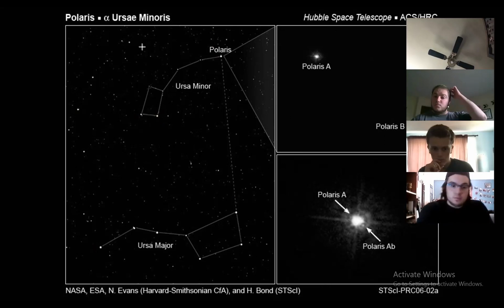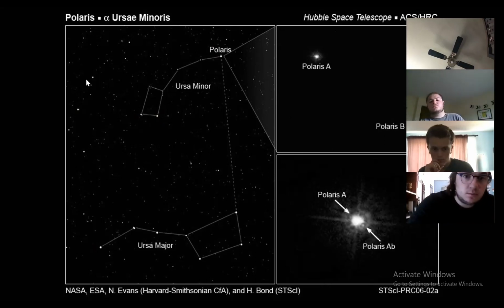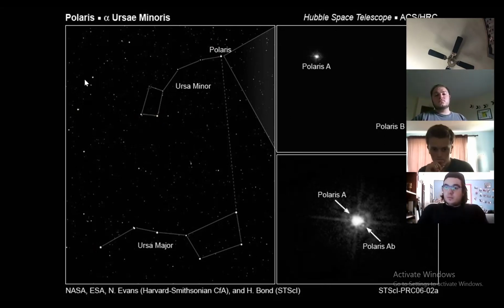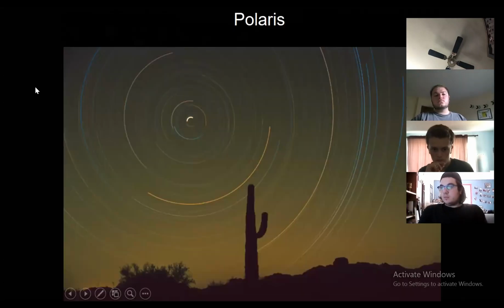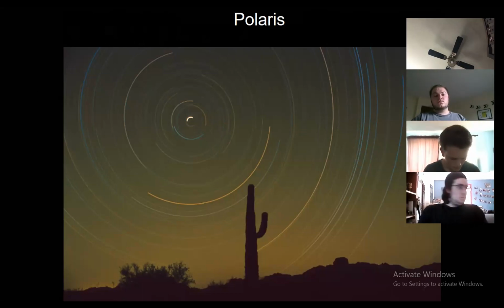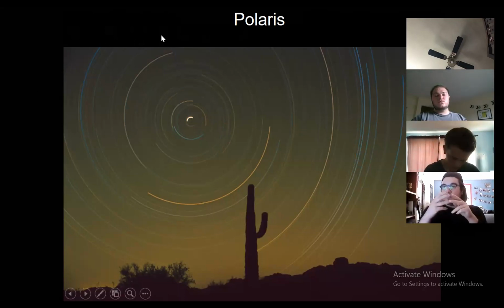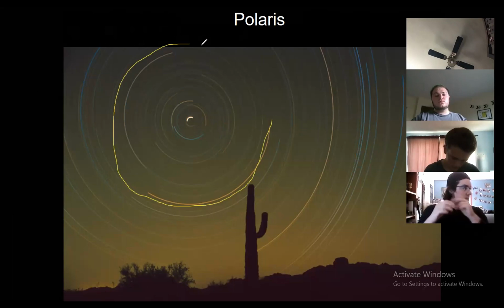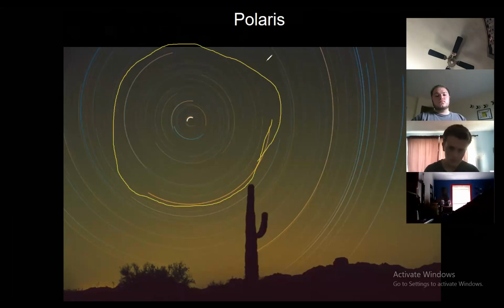Okay, remember that during the course of the night, if we point a camera towards Polaris and take a long exposure photograph, as Earth spins, we will see stars rotating around Polaris. And we have a special name for those stars which are so close to Polaris in the sky that they don't actually go below the horizon. These are called circumpolar stars.